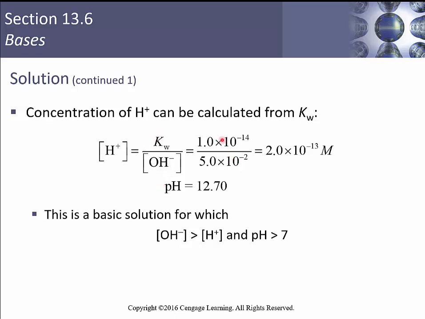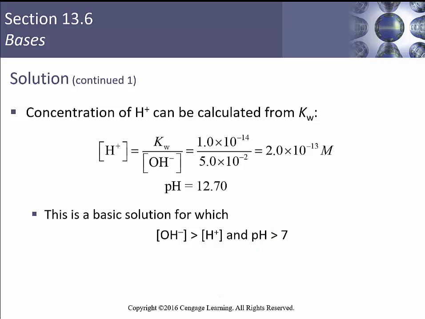We're going to do 1 times 10 to the minus 14 divided by 5 times 10 to the minus 2, and we're going to get 2 times 10 to the minus 13 molar H plus, which means our pH is going to be minus log of 2 times 10 to the minus 13, or about 12.7. So for a basic solution, for which the hydroxide concentration is bigger than the H plus concentration, your pH should be up above 7.